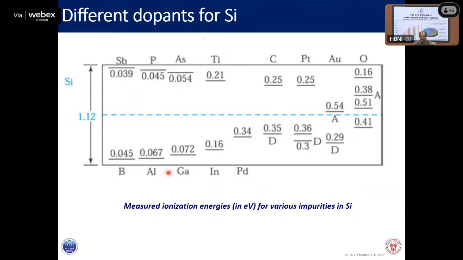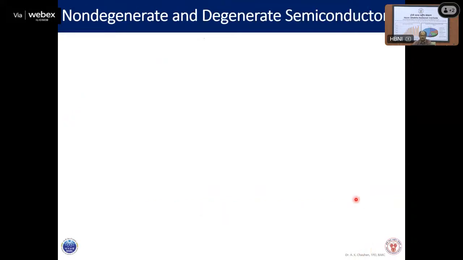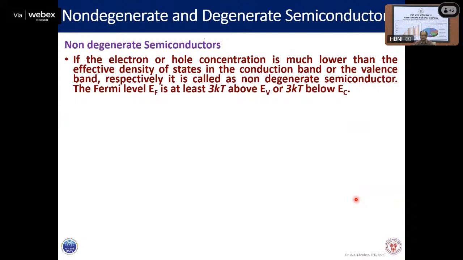These are some dopants which I explained here. Now there's another concept of degeneracy and non-degeneracy, or degenerate and non-degenerate semiconductors.